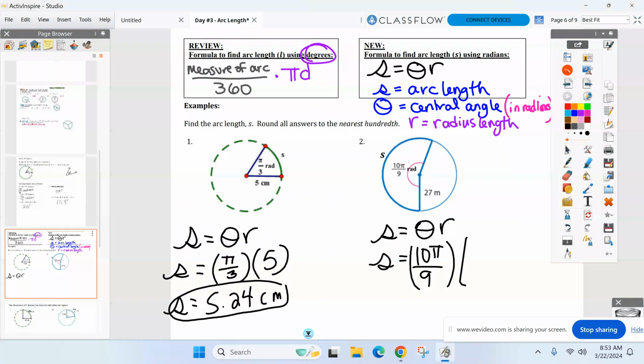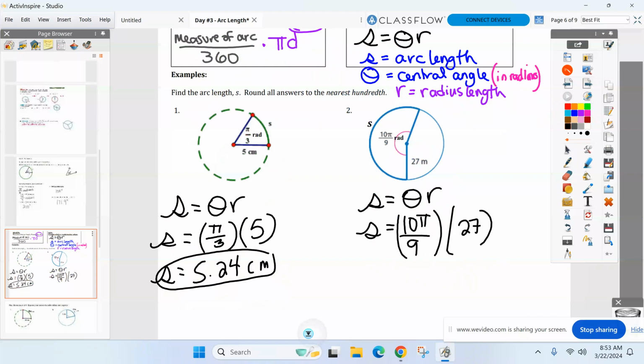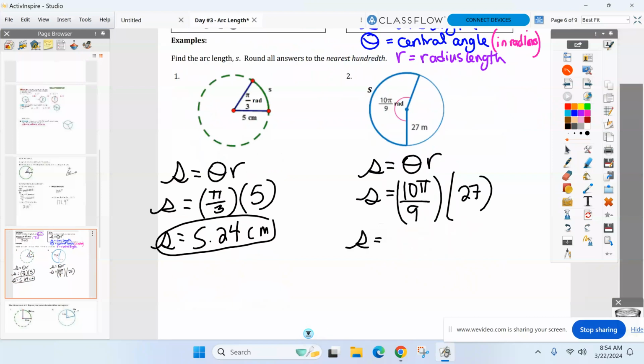And I'm just going to say radius of 27. All right, Henry, go ahead. Now you could show off. 94.25.